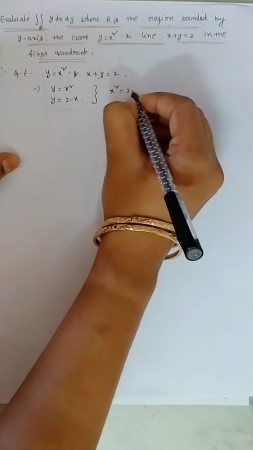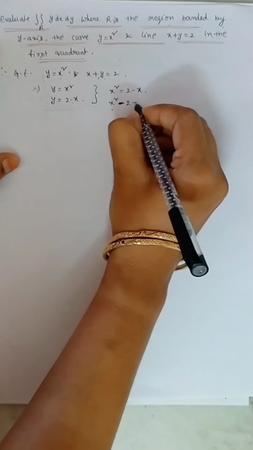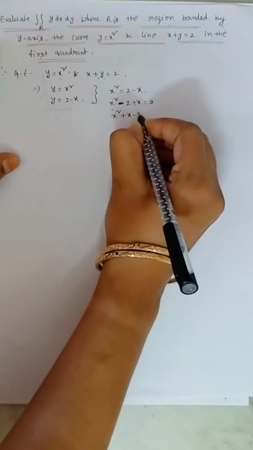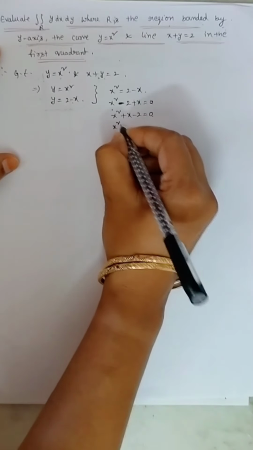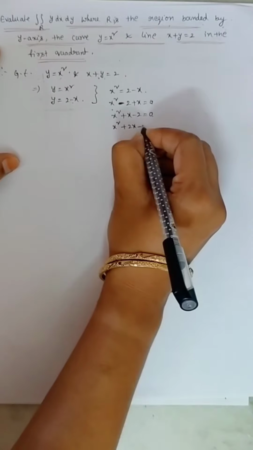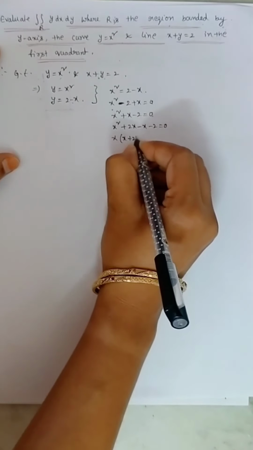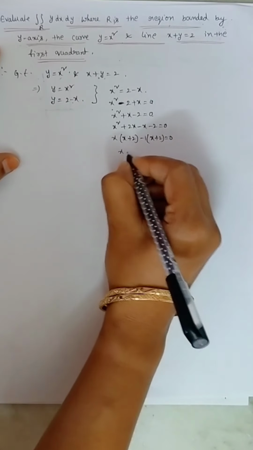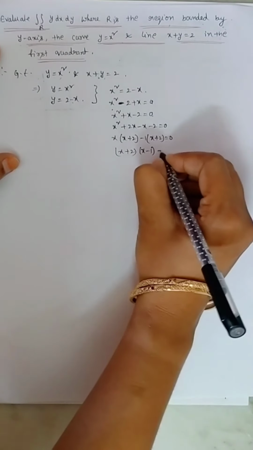x square equals 2 minus x. x square minus 2 plus x equals 0. x square plus x minus 2 equals 0. From this find the x values. x square plus 2x minus x minus 2 equals 0. Taking x common, x plus 2, x minus 1 equals 0. So therefore x plus 2 and x minus 1 equals 0.